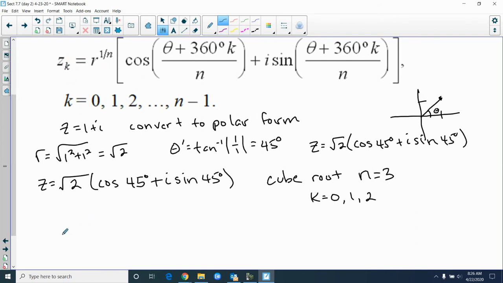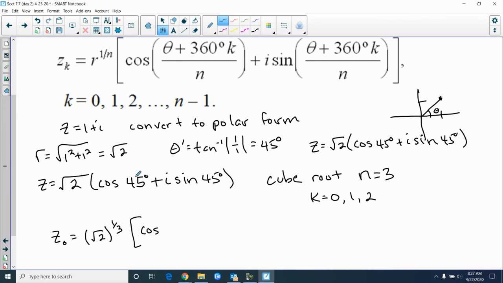So z sub k, z sub 0, this is our first cube root. R to the 1 over n is going to be the square root of 2 to the 1/3 power. Cosine of theta plus 360 degrees times k divided by n. N is 3.